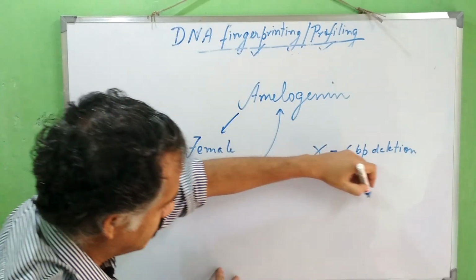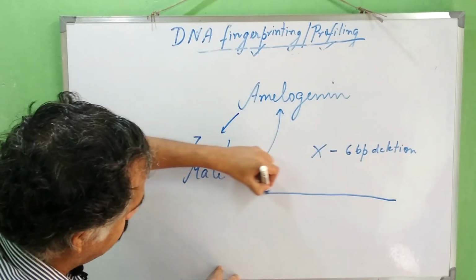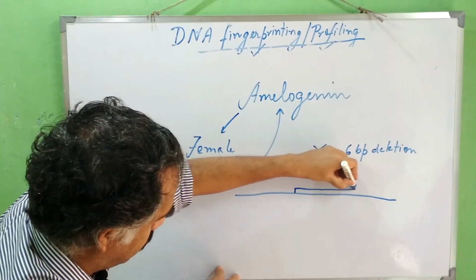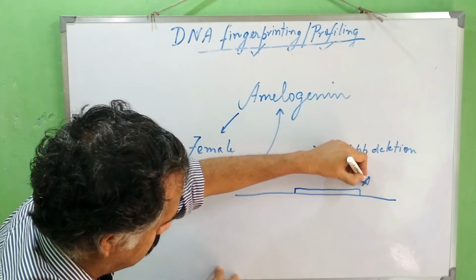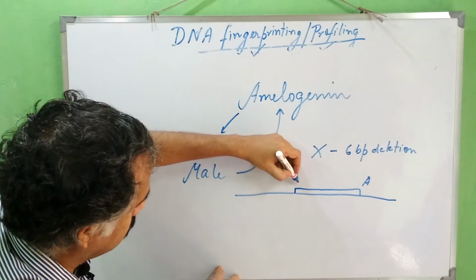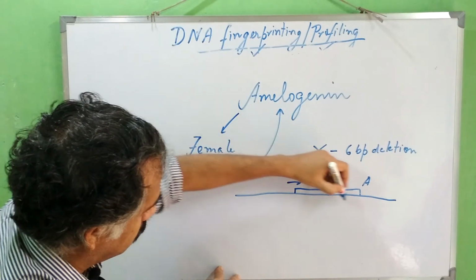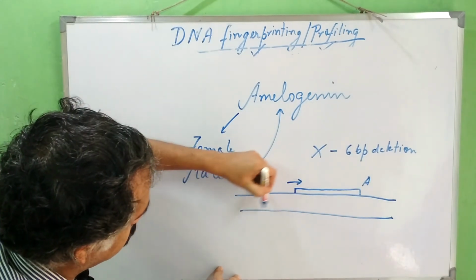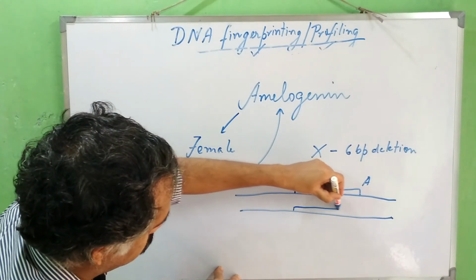That means, let us say, you are doing a PCR and this is the amylogenin gene, and we are doing a PCR for a profiling study, and you have the primers. This is the X chromosome and this is the same part of the Y chromosome.